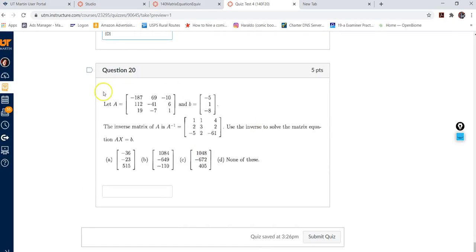Okay, now, if you're in Math 140, this was your question 20. So we have these matrices.